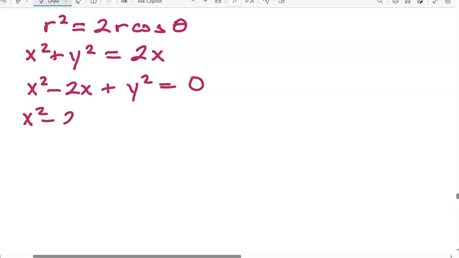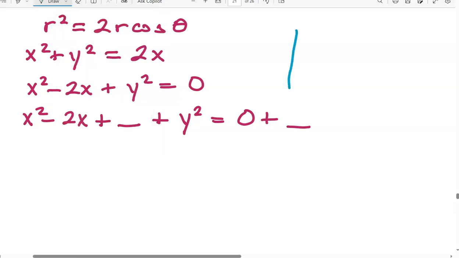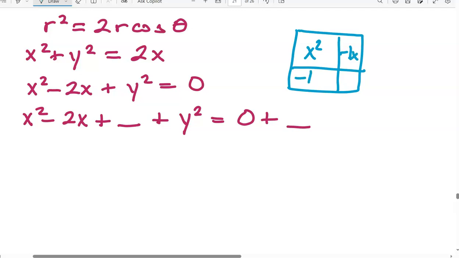and then completing the square on x squared minus 2x plus blank. And if we add to the left side of the equation, we must add to the right. If you want to draw a square to complete the square, x squared minus 1x minus 1x plus blank. The factors must be x minus 1 times x minus 1, and the literal completion of that square is negative 1 times negative 1, which is positive 1.